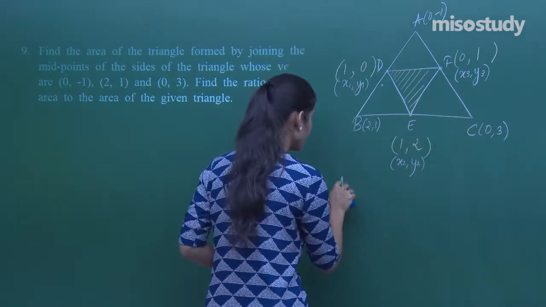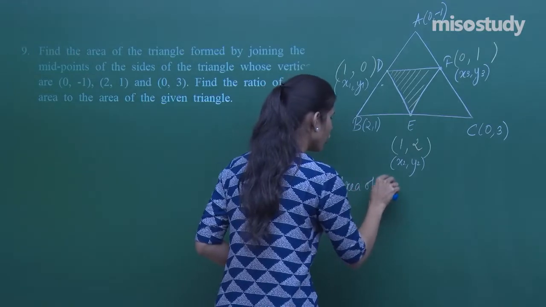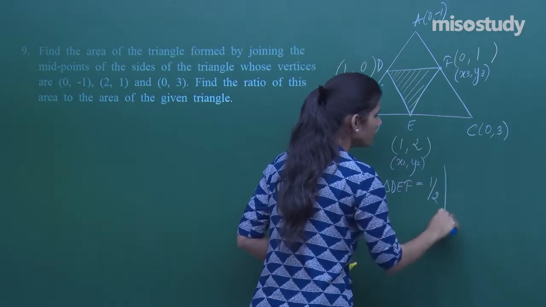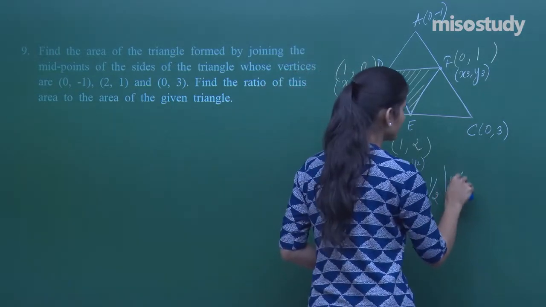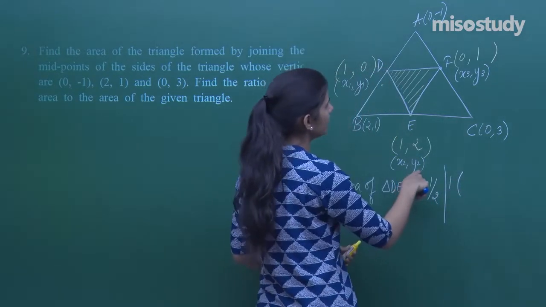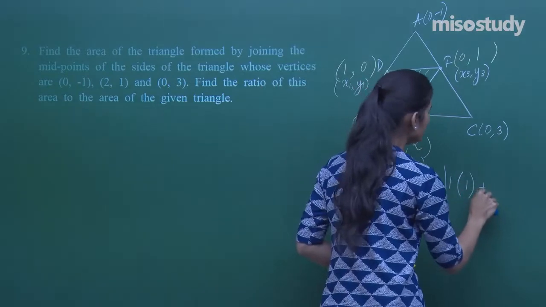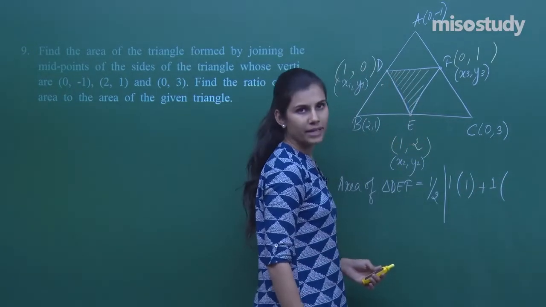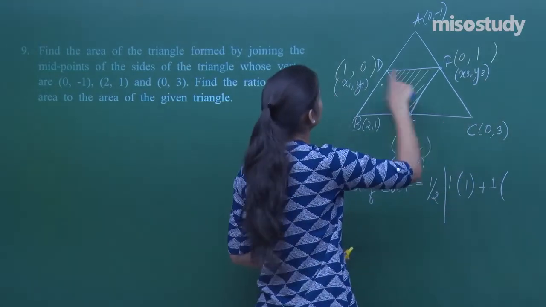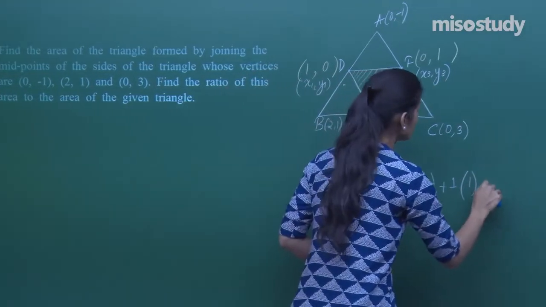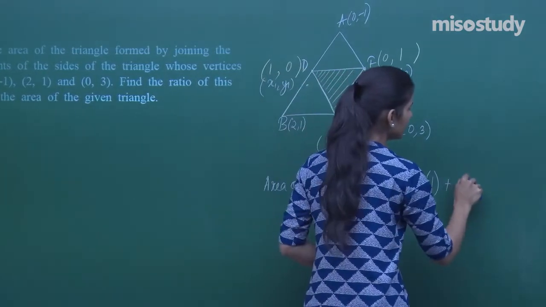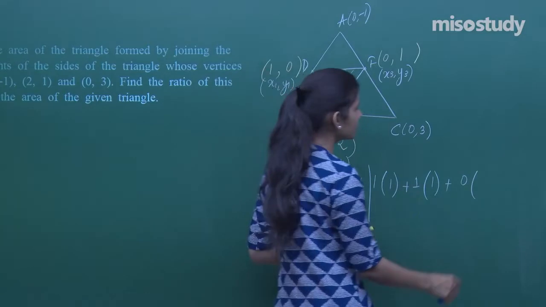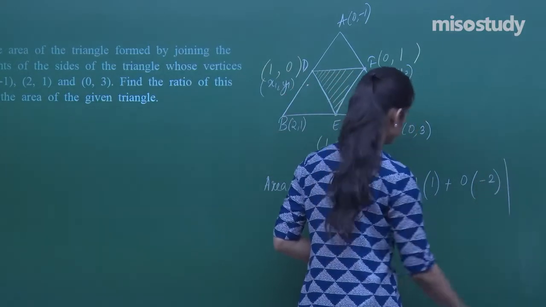So area of triangle DEF is half of mod of x1 (y2 minus y3), 2 minus 1 is 1, plus x2 (y3 minus y1), so you have 1 minus 0, which is 1, plus x3 (y1 minus y2), so you have 0 minus 2, that is minus 2.